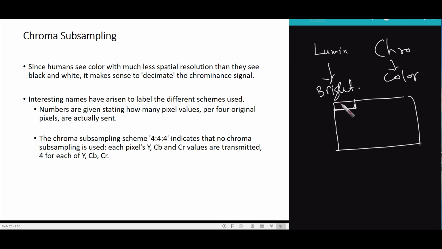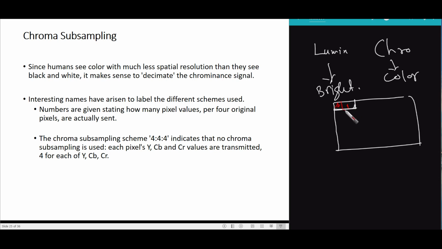In this small place, we can tell if there are any differences in brightness. If these pixels' brightness is different from those pixels' brightness, our human eye can easily catch these differences, that this pixel has a different intensity than this pixel.